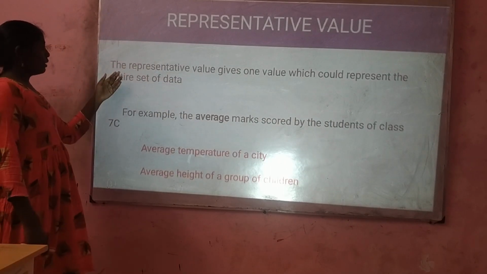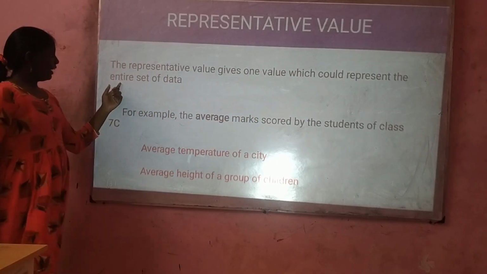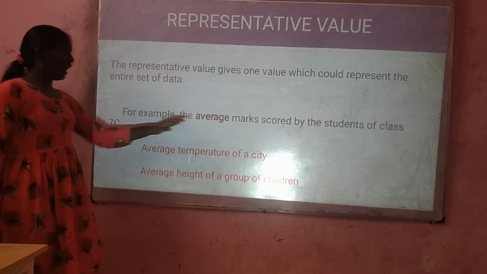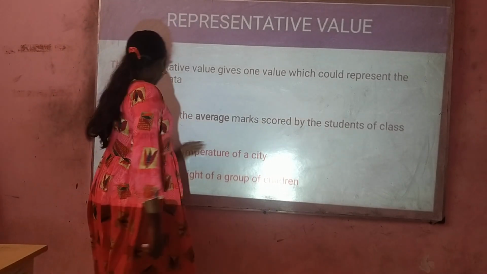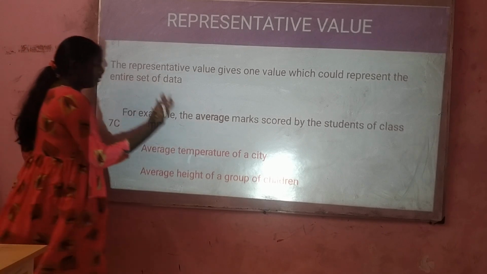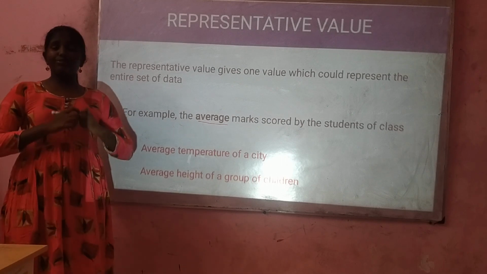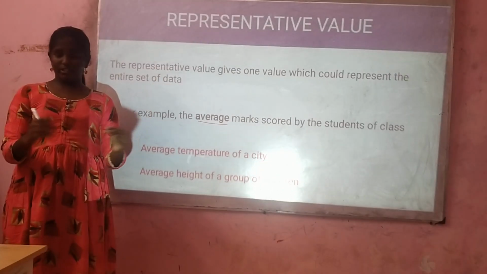Representative value. The representative value gives one value which could represent the entire set of data. For example, the average marks scored by the students of class 7C, or the average temperature of a city. The term average here is a very notable term as it gives one value for many observations.